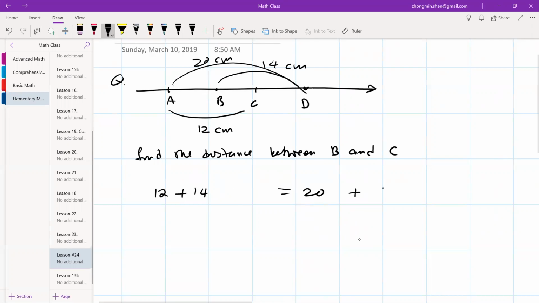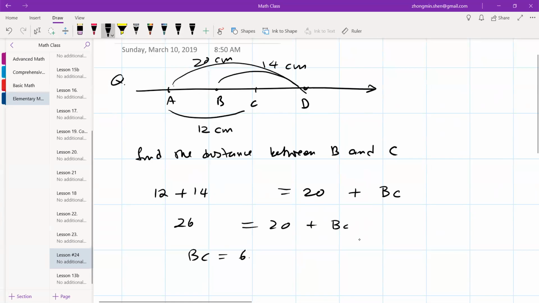The overlap part is the distance between B and C. Then you can figure out what B and C is. There are some similar problems like that we're going to do. So here 12 plus 14 is 26, equals 20 plus the overlap part, and clearly that's going to be 6.